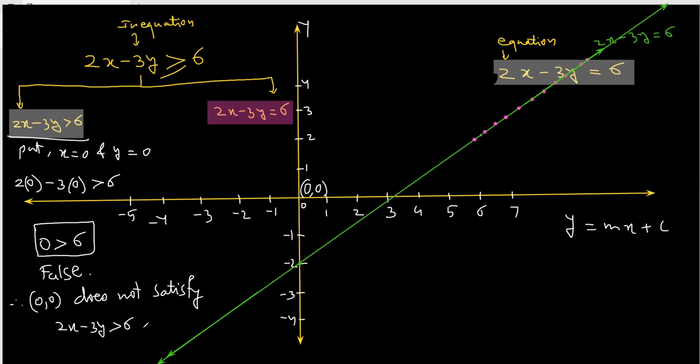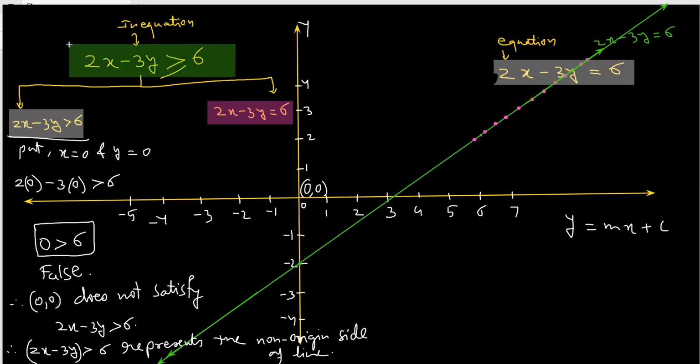Therefore, 2x minus 3y greater than 6 represents the non-origin side of the line. Okay.